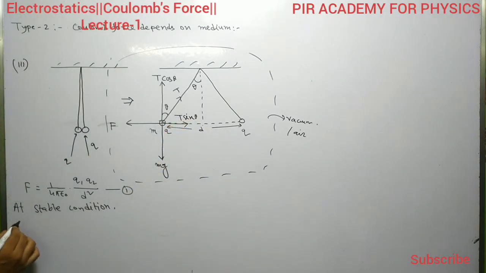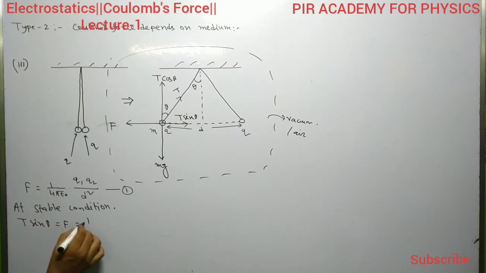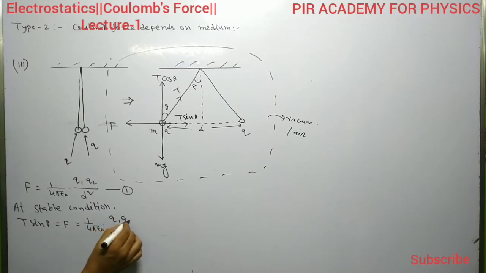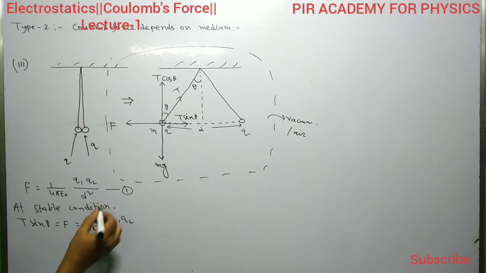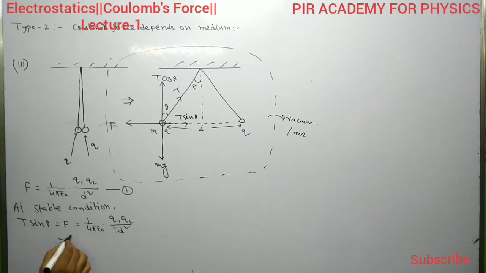So here T sin theta will be F, that means 1 by 4 pi epsilon naught into Q1 Q2 by d square. Here both are Q, so it will be 1 by 4 pi epsilon naught Q square by d square.